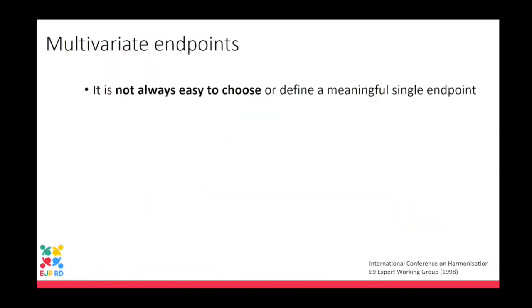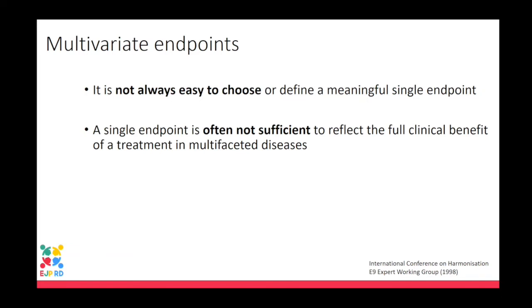One of those reasons may be that the disease itself has a multifaceted outcome. So there is not a single outcome that might reflect the full clinical benefit of a treatment. So it's very difficult to find just a single endpoint to see, okay, if this changes, then we know that our treatment works.